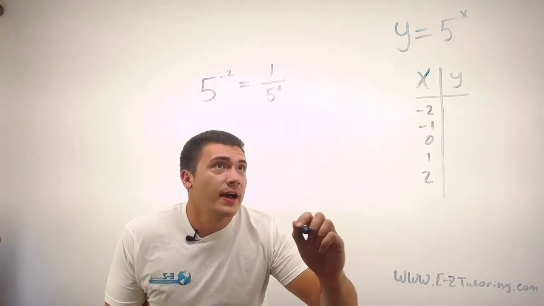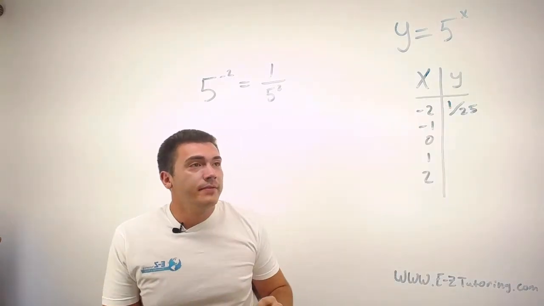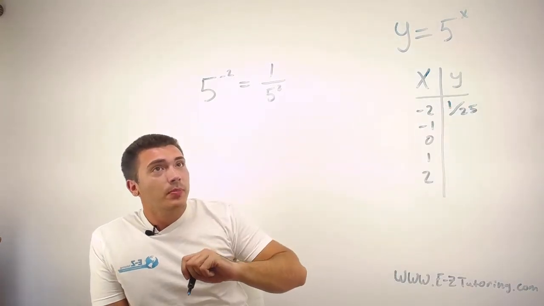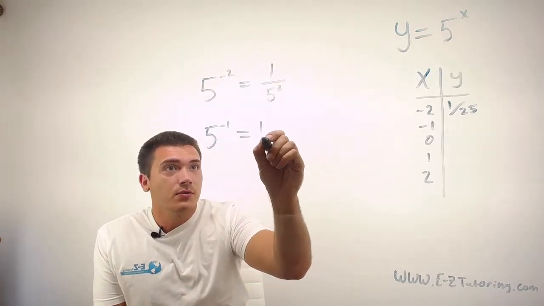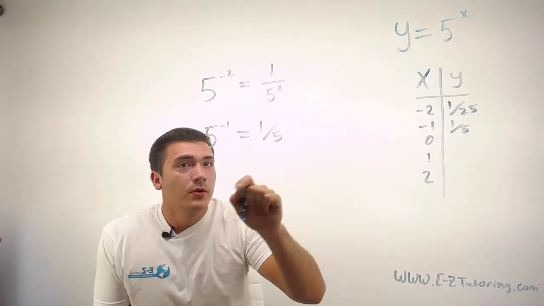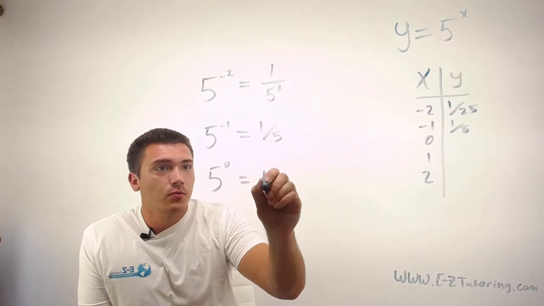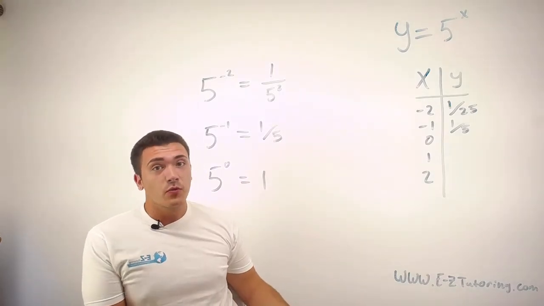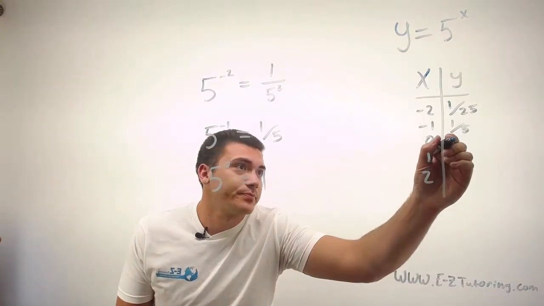So 1 over 5 to the 2 is really 1 over 25. If we were to plug in a -1, we get 5 to the -1, which is equal to 1 over 5. If we were to plug in 0, we get 5 to the 0, which is 1. Because any number in this world, you put a power of 0 on it, turns into 1.